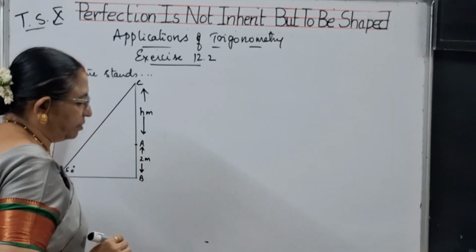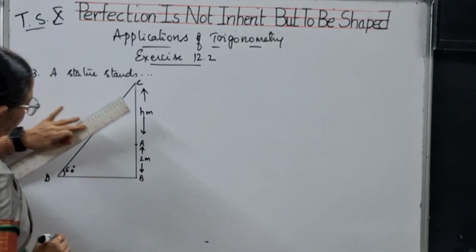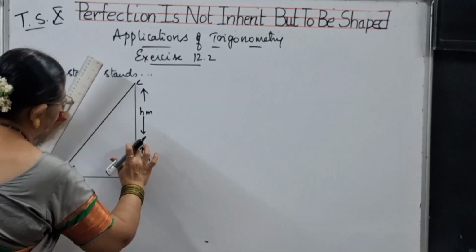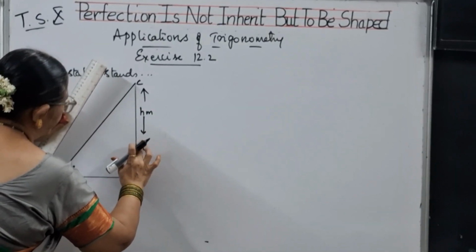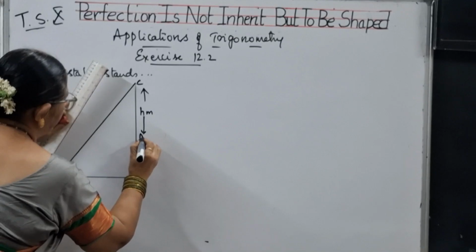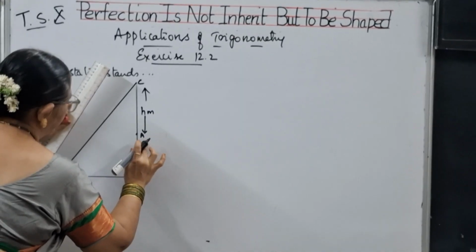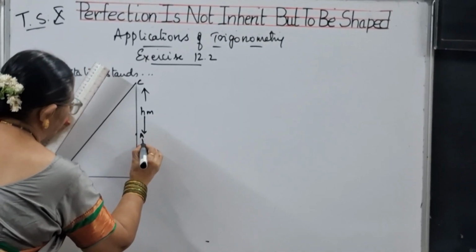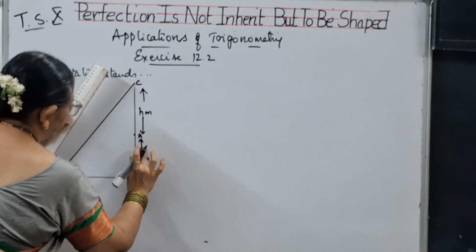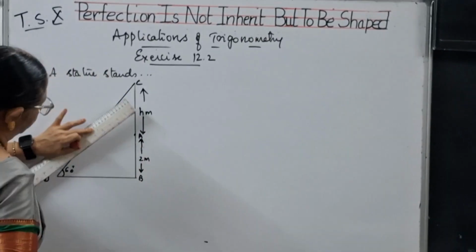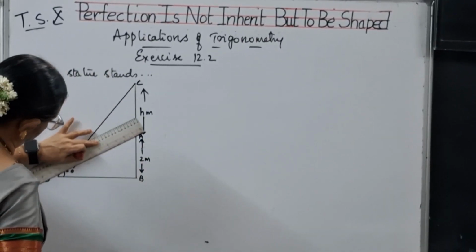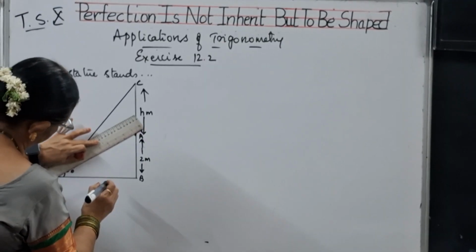And from the same point, the angle of elevation of A, let me take A here. This whole distance is 2 meters.